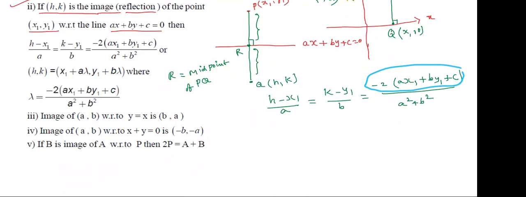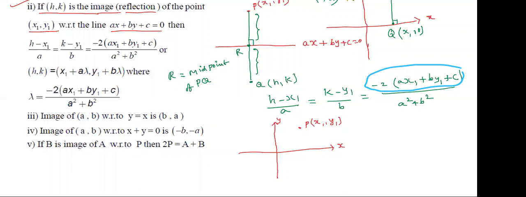Here, take the coordinate axes, x-axis and y-axis. Suppose there is a point P, x1 comma y1.